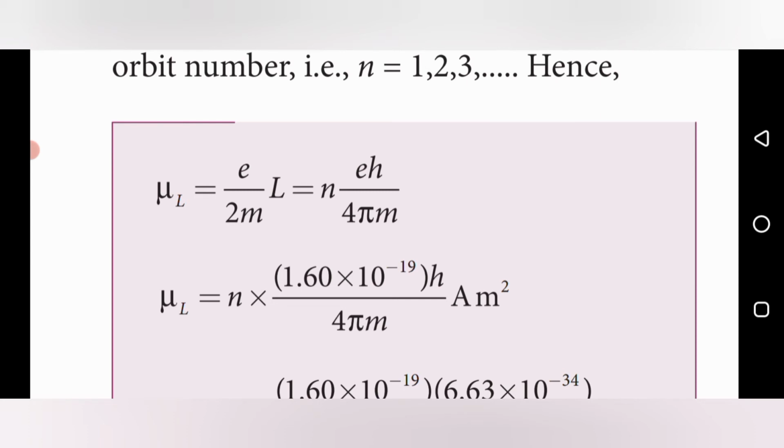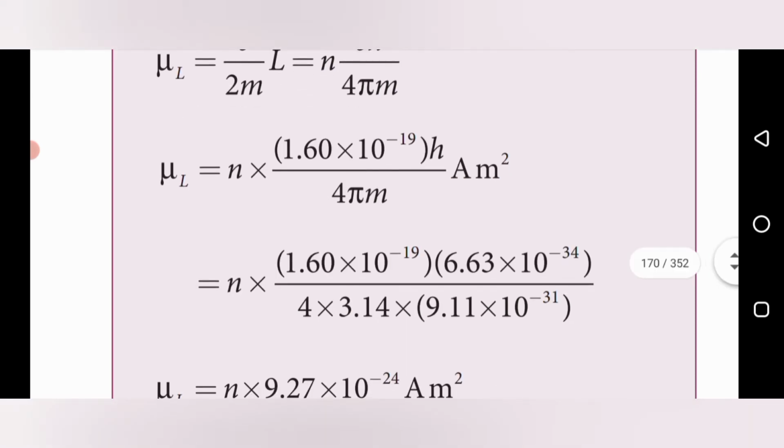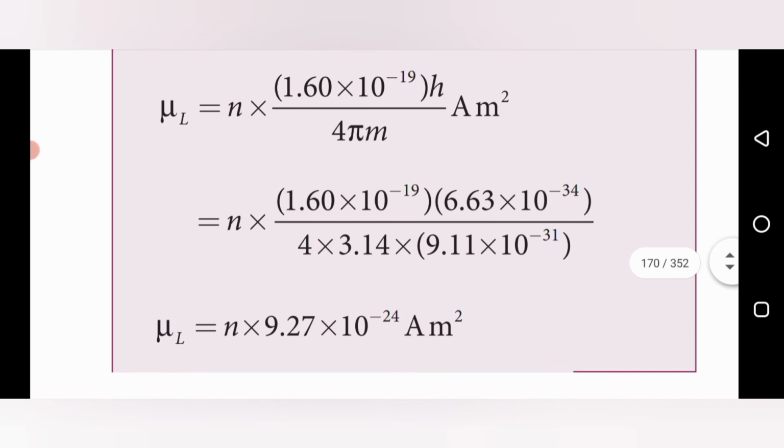L is equal to n h bar, and h bar is equal to h by 2π. Substituting that, finally you will get n e h divided by 4π m, where n is the orbit number. Here e is the charge of the electron, h is Planck's constant, 4 and π are constants, and m is the mass of the electron. Substitute all the numerical values and finally you will get μL is equal to n into 9.27 × 10^-24 ampere meter square.